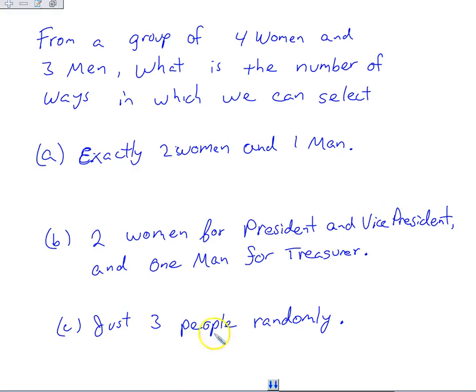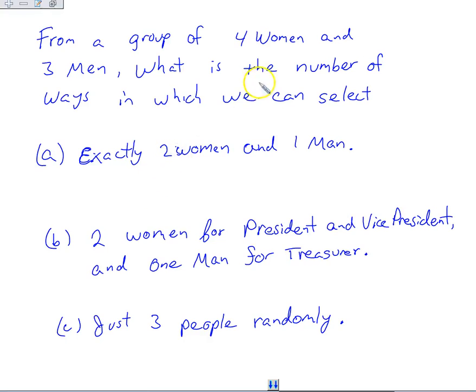Okay, here's another example. Let's say that we have a group of 4 women and 3 men, and the question is, what is the number of ways in which we can select exactly 2 women and 1 man? All right, well, exactly 2 women and 1 man would be given by the following calculation.